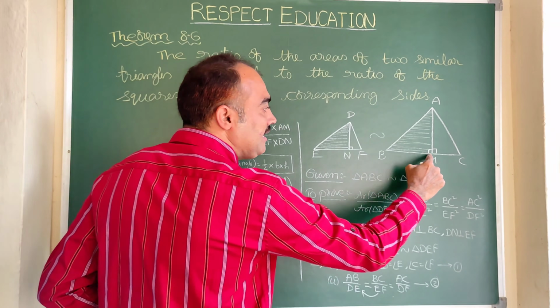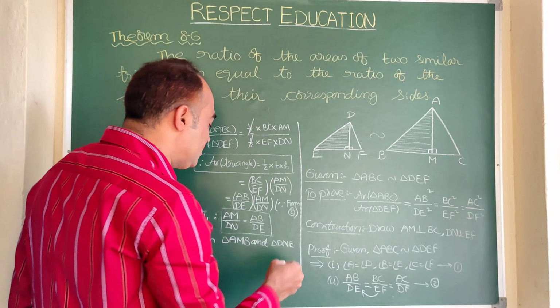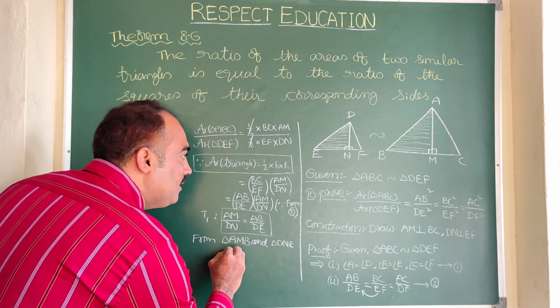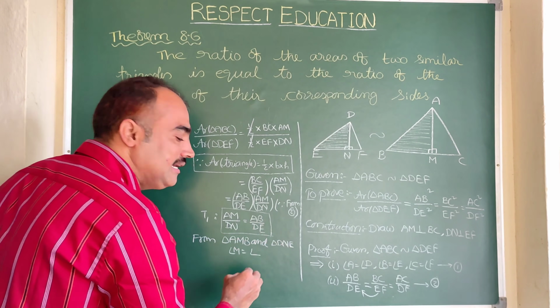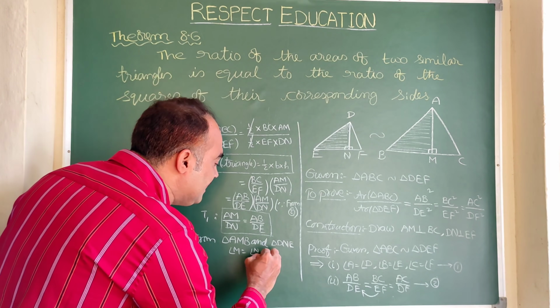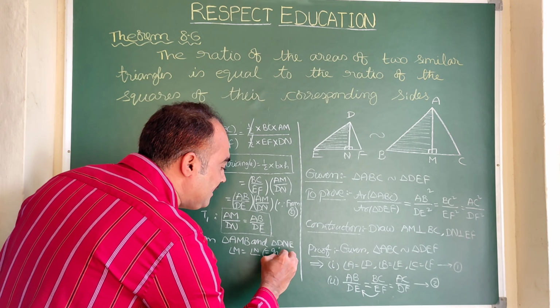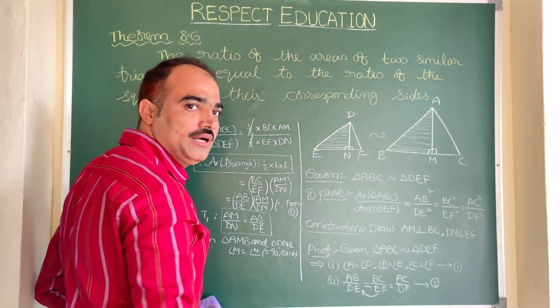Angle M is 90, and angle N is also 90. So from triangle AMB, angle M is equal to, from triangle DNE, angle N, equal to 90 degrees each, because AM and DN are perpendiculars.